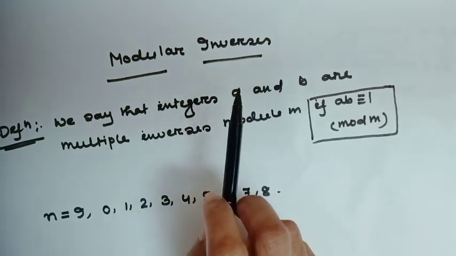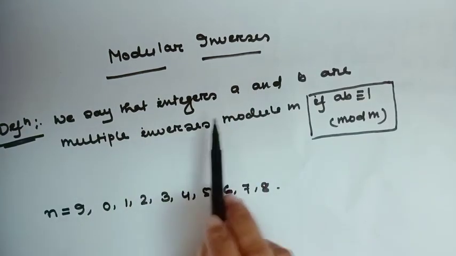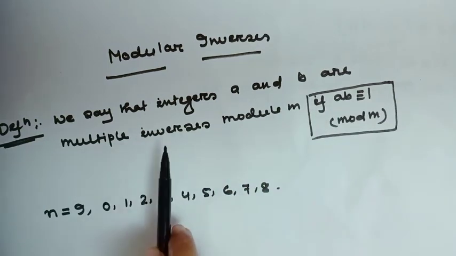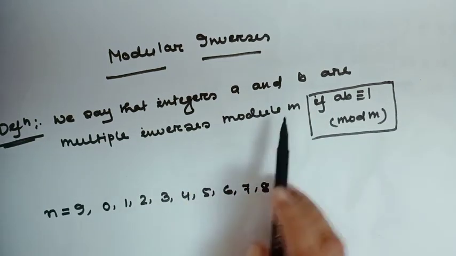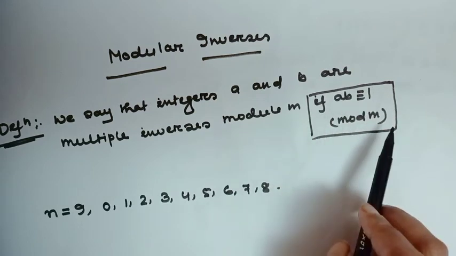What is a modular inverse? We say that integers a and b are multiplicative inverses modulo m if ab is congruent to 1 modulo m.